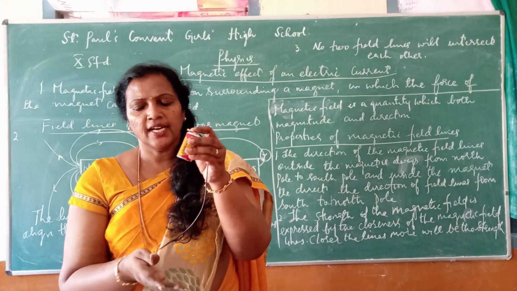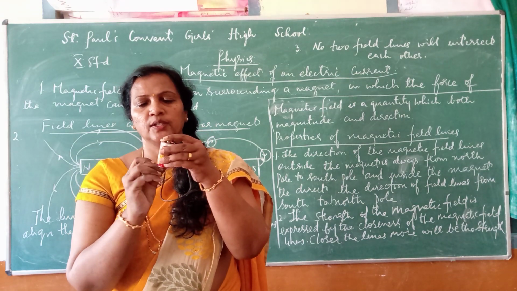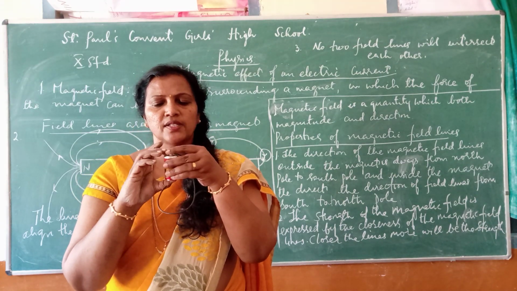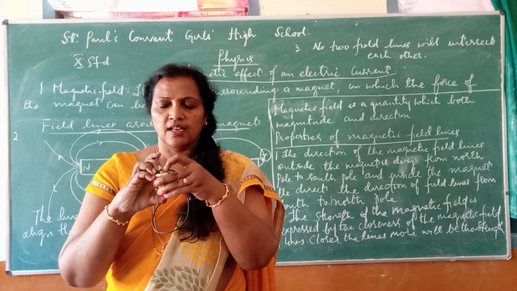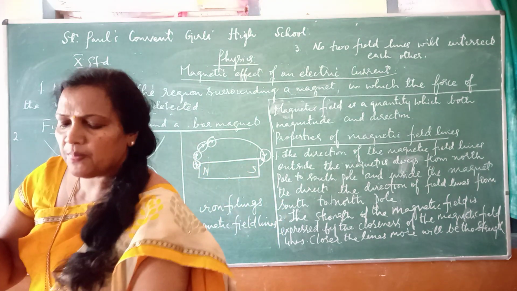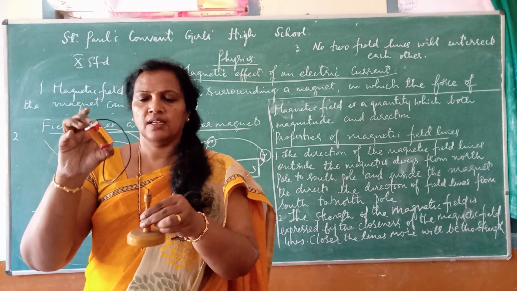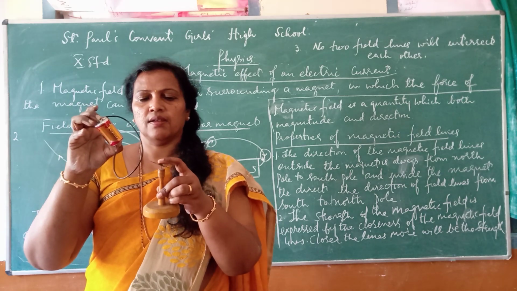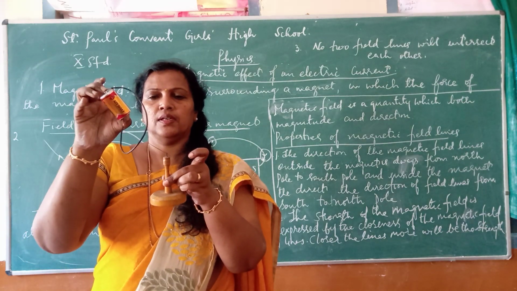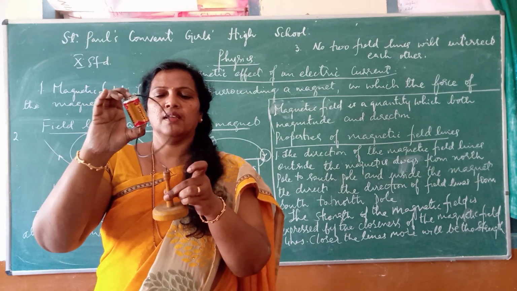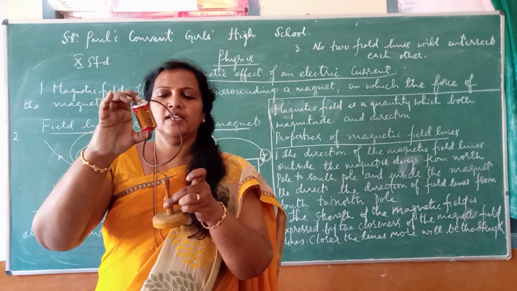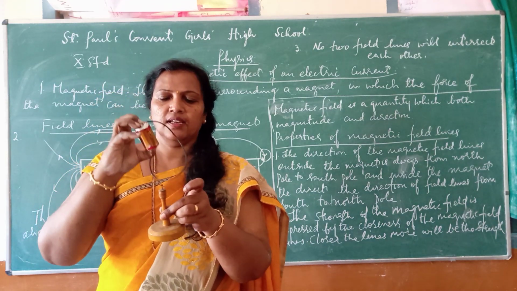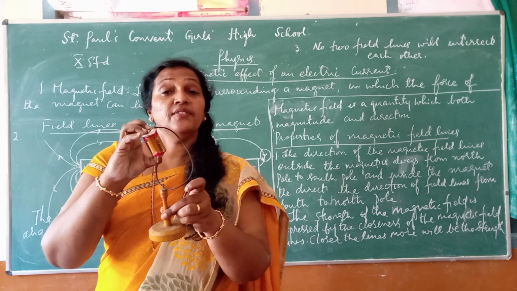So, this is a conductor. I will just pass the current through it. When the current is passed through it, and if you bring the compass needle next to it, see, you can see the needle is deflecting.